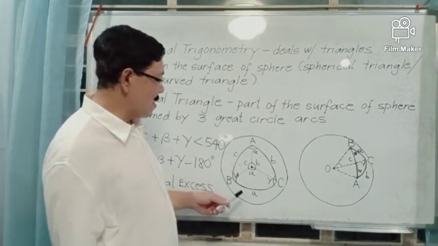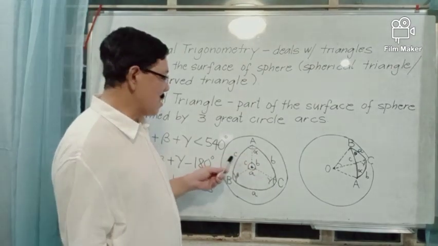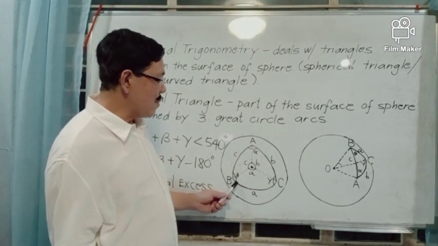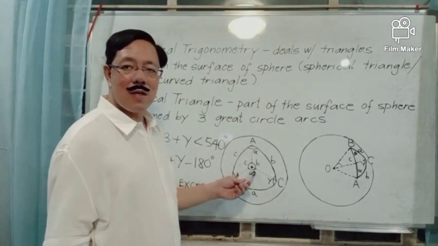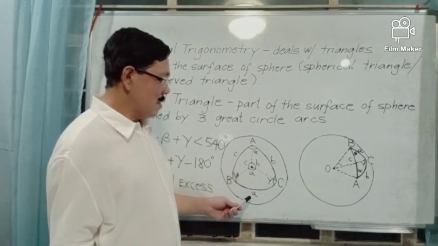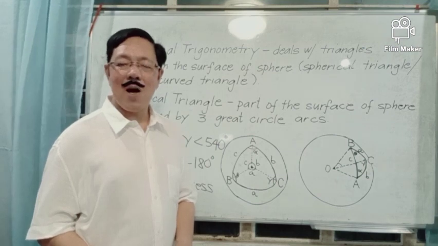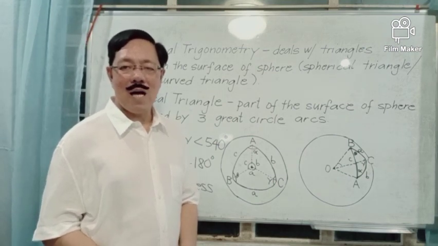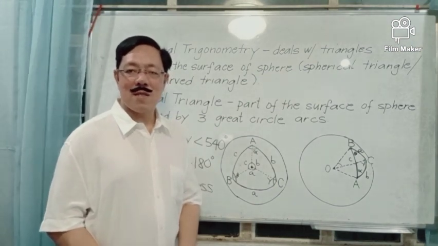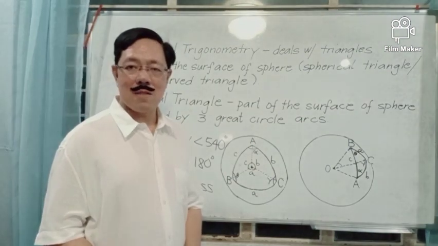Earlier, we said that the measures of the three sides of a spherical triangle are given by the measures of the angles subtended by these arcs at the center of the sphere. So the three sides, denoted by small a, small b, small c, of a spherical triangle are also known as central angles. Therefore, a spherical triangle has six parts. It consists of three surface angles and three central angles.